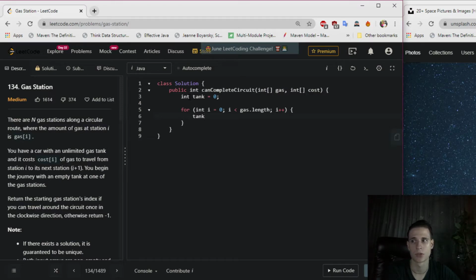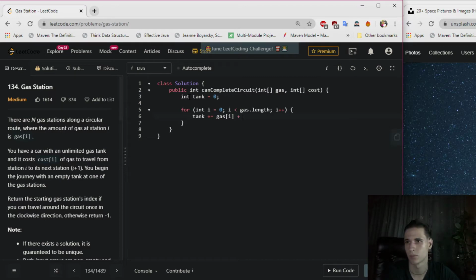We need to make sure that in the end of this journey we got enough fuel to get to the end of this journey. So at each iteration we say tank plus equals gas at i.